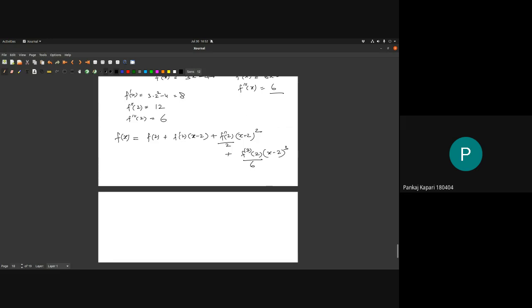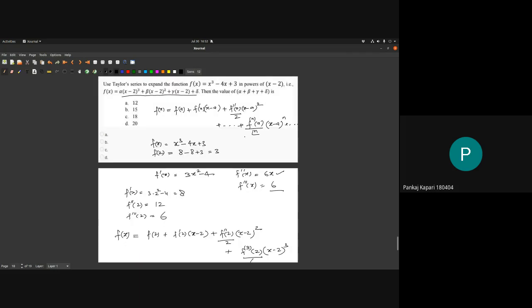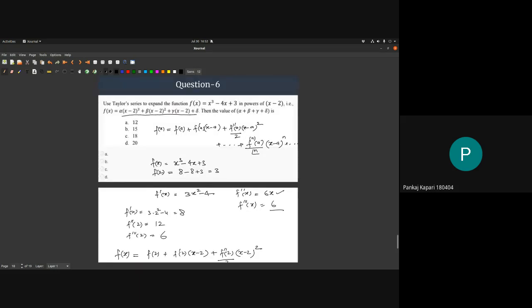Now compare your alpha, beta, gamma, delta. Delta is the constant. Gamma is the coefficient of x minus 2. Beta is the coefficient of (x minus 2) square. And alpha is the coefficient of (x minus 2) cube.